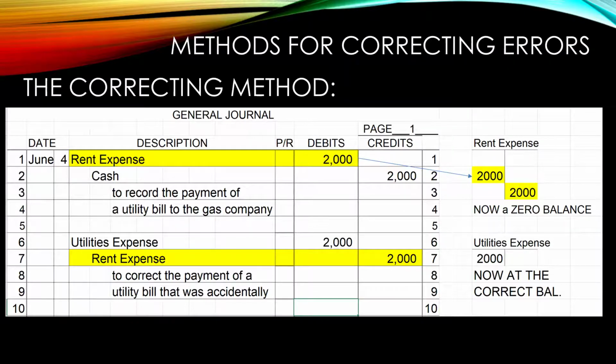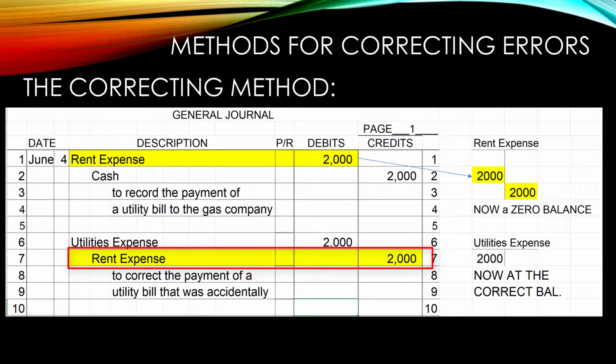So to use this method, identify where the error is. In this case, the error was the debit to rent expense. Notice that the credit to cash was okay. There's nothing we need to do to fix that credit to cash because it is indeed correct.